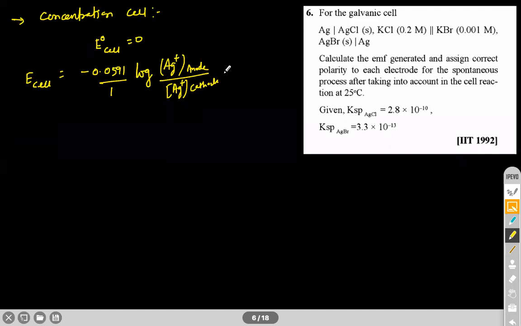We need to find out the EMF, E cell, means the concentration of Ag plus at anode and cathode we need to put, right? Fine. So for this, we can use the expression of Ksp.